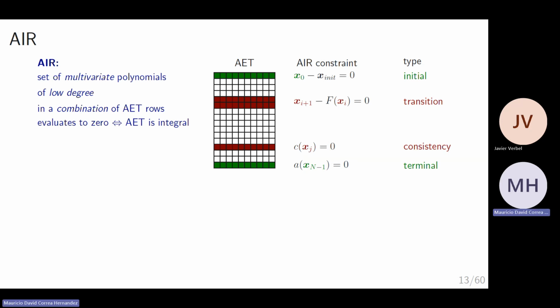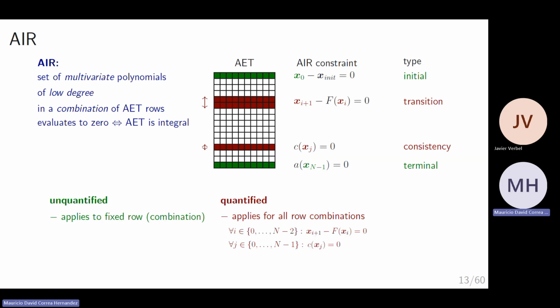Okay, now the thing to remember, and the reason why I chose different colors to represent these constraints, is because they aren't fixed. The red ones are not fixed to any particular column, whereas the green ones are. The green constraints, the boundary constraints, are not quantified because they apply to fixed rows, which is the first row and the last row.